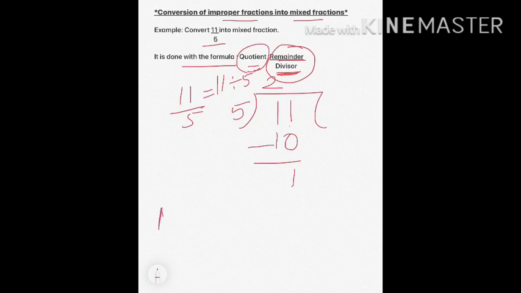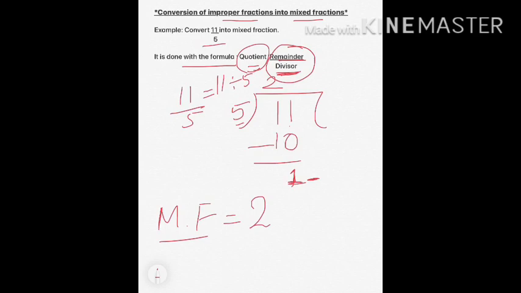Now how to put it in the form of a mixed fraction? A mixed fraction is always the combination of what? A whole number, so here 2 will make the whole number, and a proper fraction. When we do any division, whatever is the quotient is the whole number, and whatever is the remainder, that means if it was 5, then we could have carried out the division, but now it's only 1.